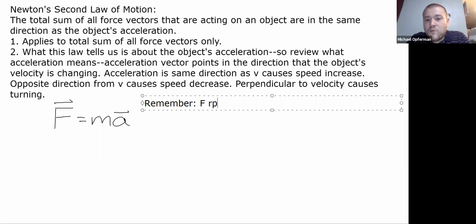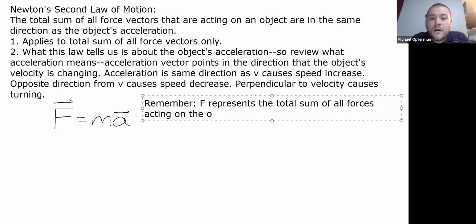Remember that F represents the total sum of all forces acting on the object, not just one force. So you have to first add up all the forces. Some people like to use a summation symbol, summation of F equals ma, to represent this equation. I never really found that very helpful as a student because, what does the summation symbol really mean? But the concept of what it means is that you have to sum all the forces first. Okay, and A, of course, is the object's acceleration vector.